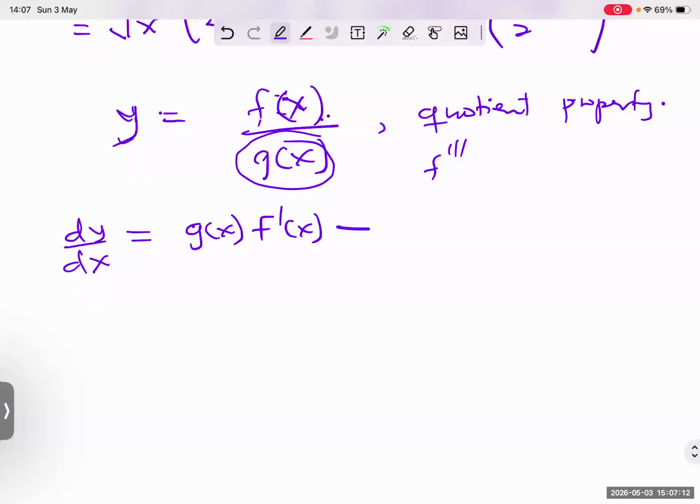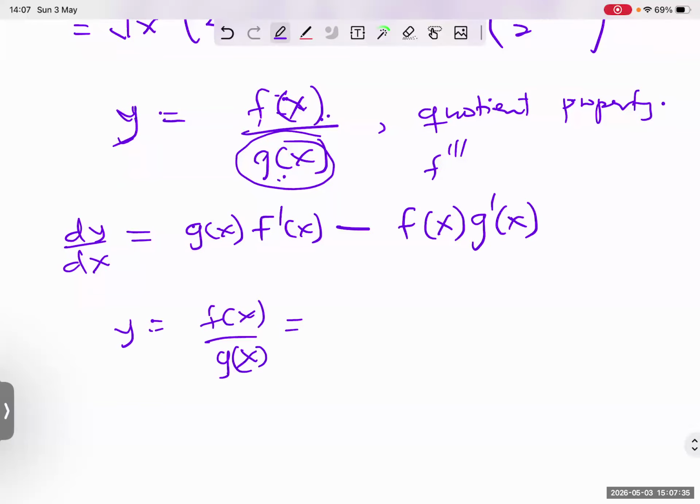Minus the reverse. Keep the numerator constant and then differentiate the denominator. And this is because we can change this expression here, y is equal to f of x divided by g of x.